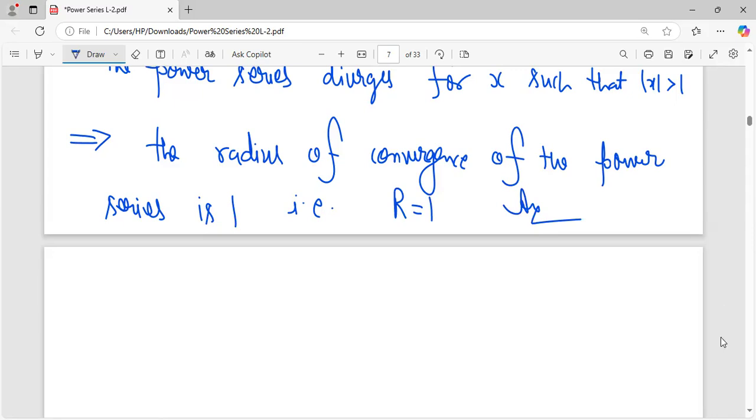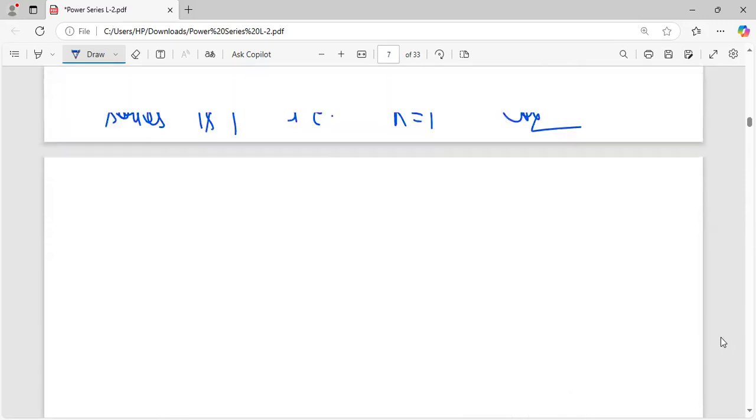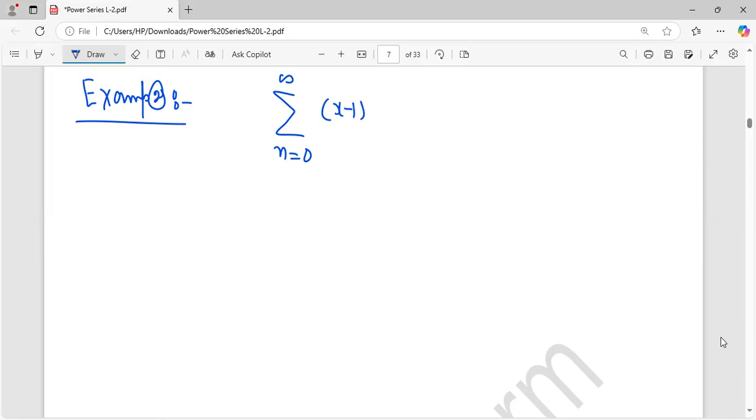Okay. Now, second one, example 2. The series summation n goes from 0 to infinity of (x minus 1) to the power n upon factorial n. Okay.